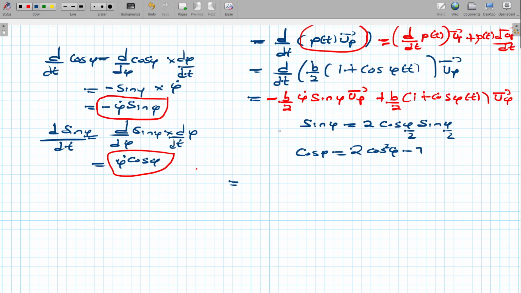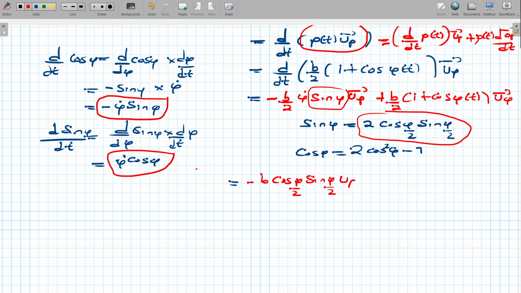I'm going to continue my calculation. We want to get rid of this sine that we have here, so I'll replace the sine with this expression. The 2 and the 2 will simplify. Then I'm going to have minus b, then cosine phi divided by 2, then sine phi divided by 2. Okay, so this is what I get.